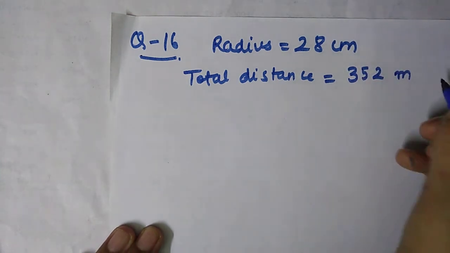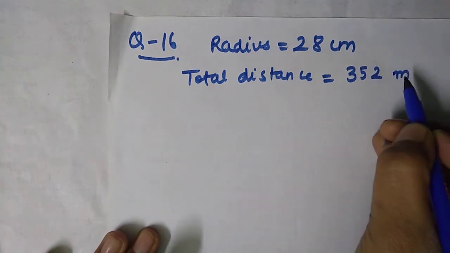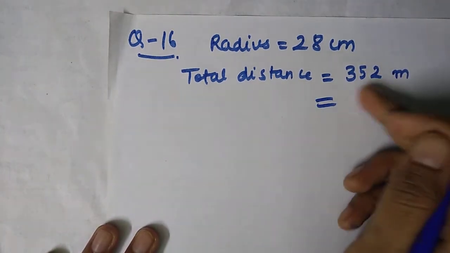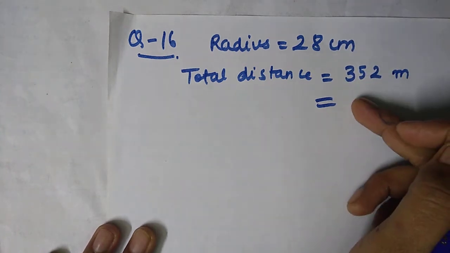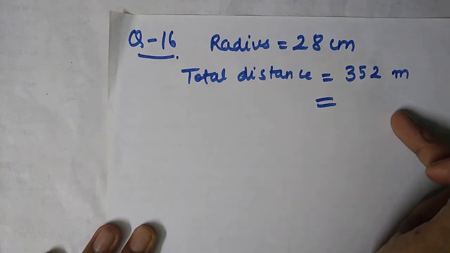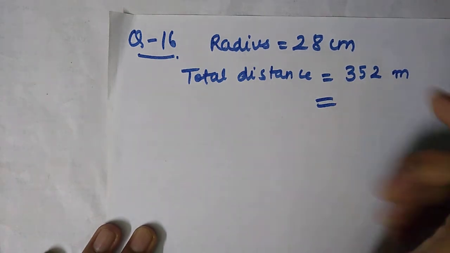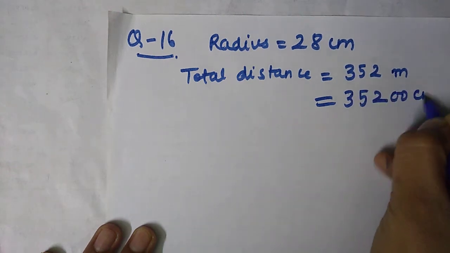First thing you have to observe is that the units are different. First you have to make the unit the same. So I am making this distance in centimeter. For that you multiply by 100, because 1 meter is equal to 100 centimeter. So 352 meter is 35200 centimeter.